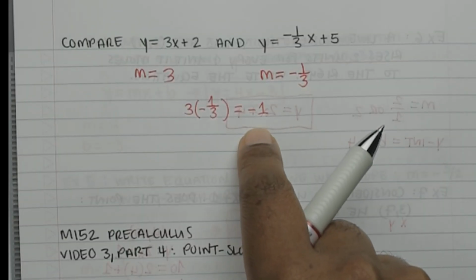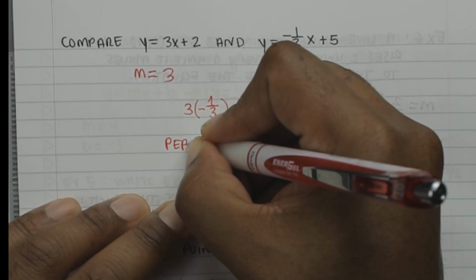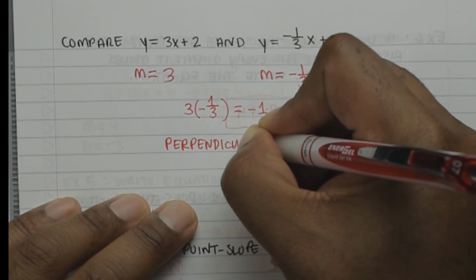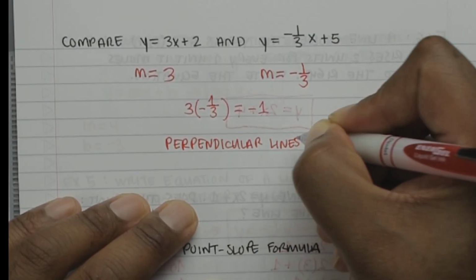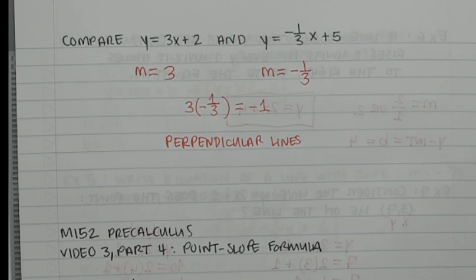So lines with slopes that are negative reciprocals are called perpendicular lines, meaning lines that intersect. And we'll study this more deeply in a later part.